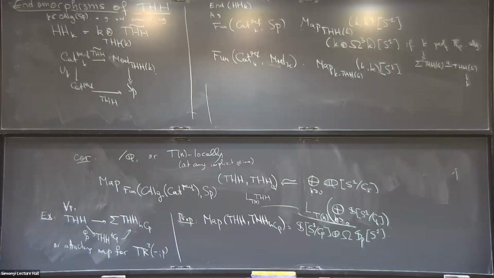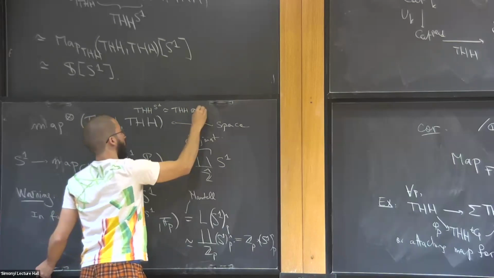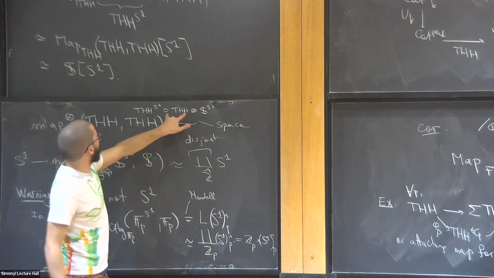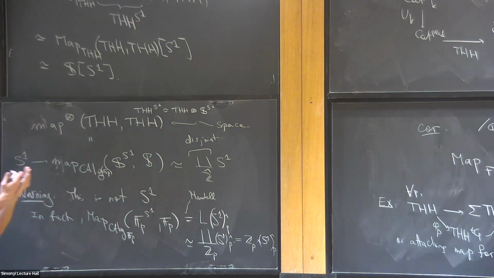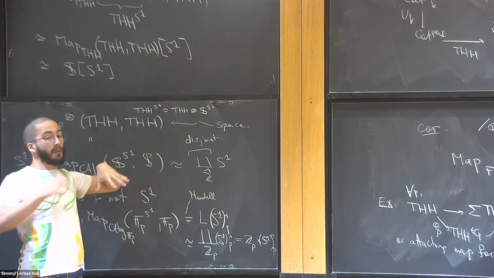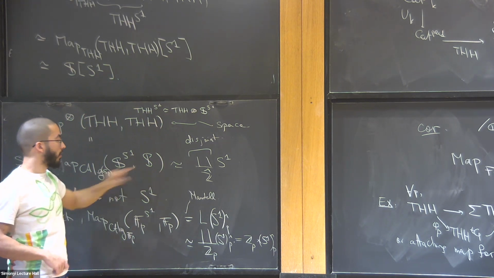And now you observe simply that THH to the S1 is THH tensor sphere to the S1, and therefore this term is also the scalar extension from spectra, and so you can restrict scalars as well, and then you just have to see what restricting scalars means on this side, and it amounts to evaluating at the sphere, and it gives you a sphere.